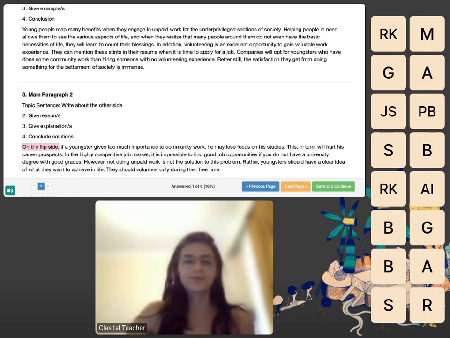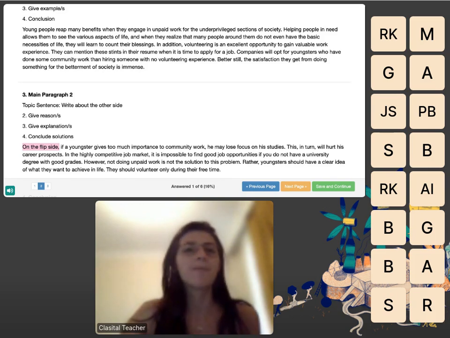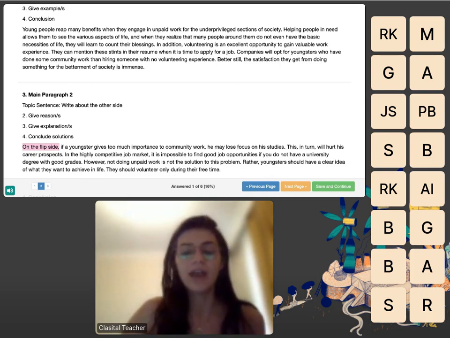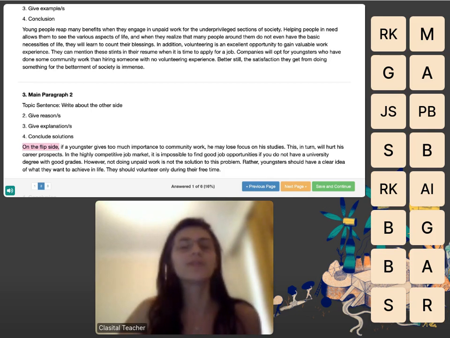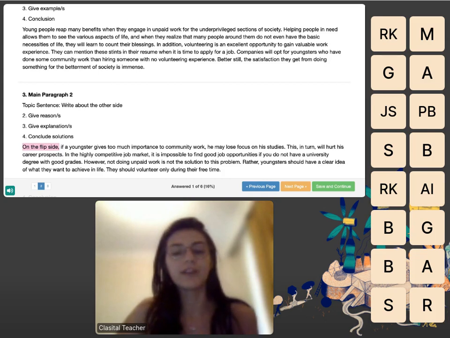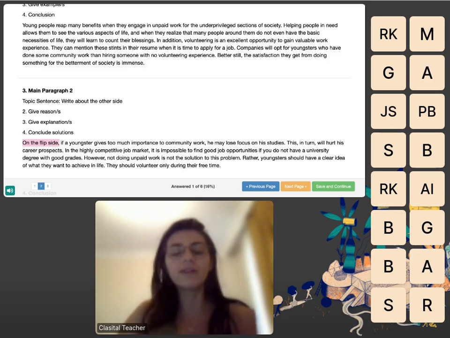So remember, the other side of the argument was that this doesn't affect their career in a good way. So this paragraph talks about why it cannot be good for their careers. It cannot be good for their career if it affects their studies and their academic record, their grades. So what they should do is only volunteer during their free time.